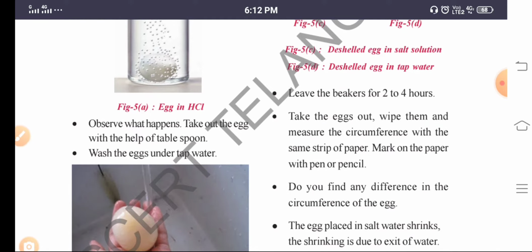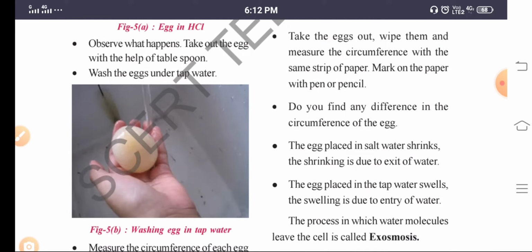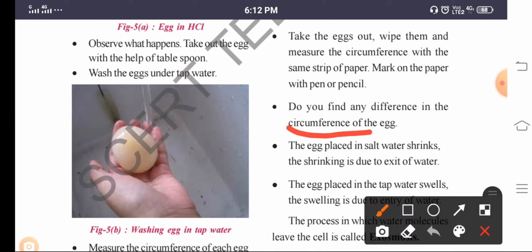Mark on the paper with pen or pencil. Do you find any differences in the circumference? Yes, we can find the difference. So the egg placed in the salt water shrinks.